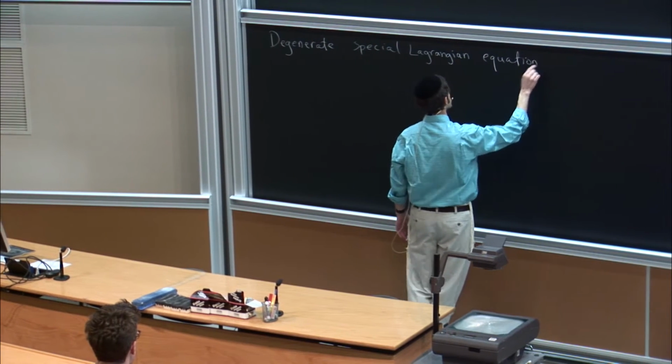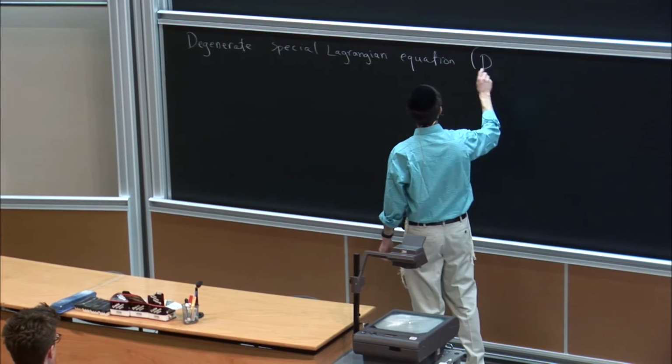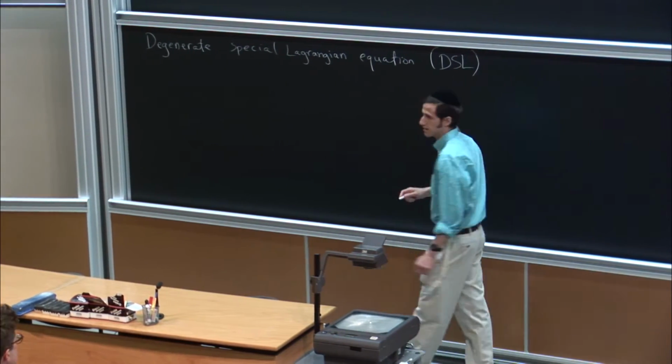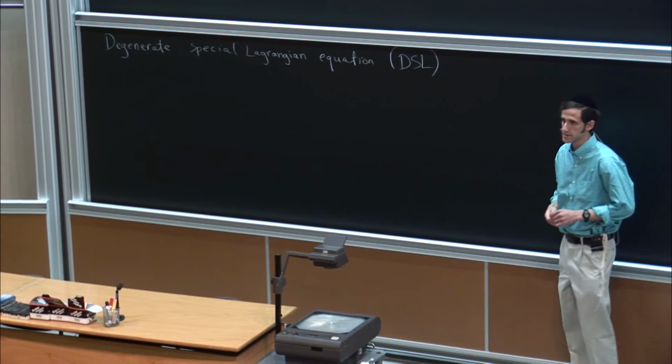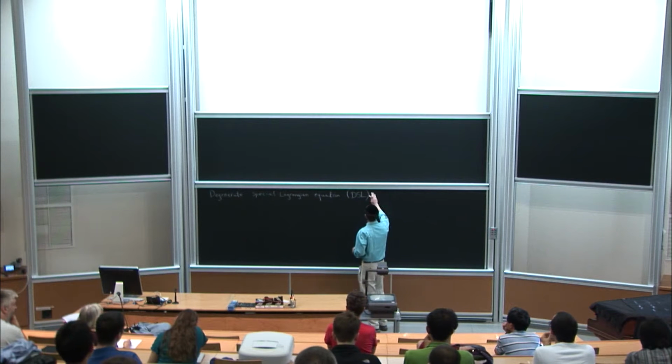So I'll talk about the degenerate special Lagrangian equation. And in another sense, this is going to be the geodesic equation for a certain space of Lagrangian submanifolds.